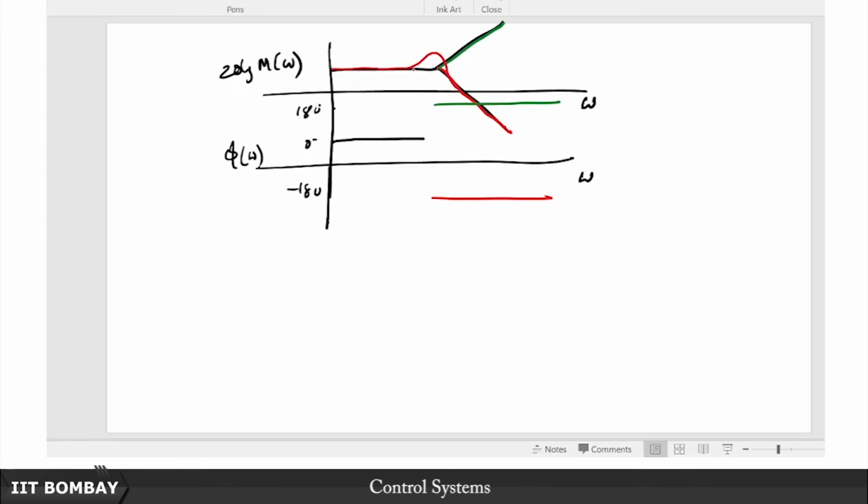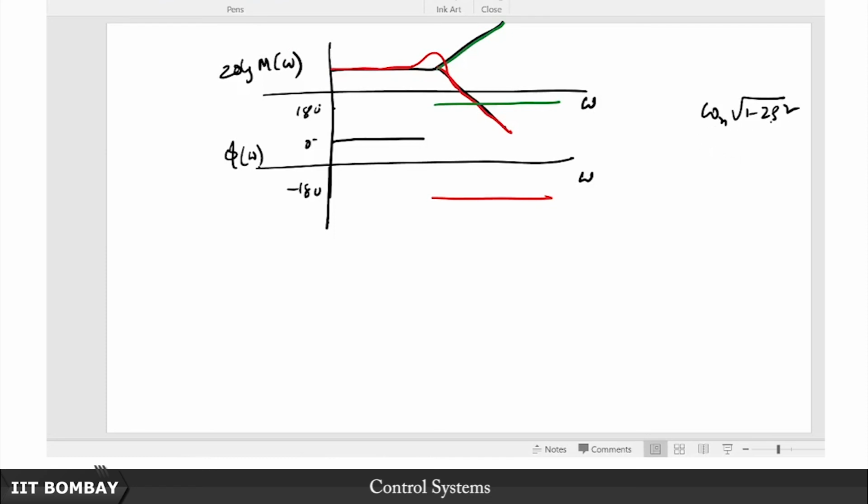So, you will have some plot like this, or some plot like this, and as zeta decreases, this peak value increases, and also the peak shifts. Where was the location of this peak? Remember that the location of the peak was at omega n times square root of 1 minus 2 zeta squared.